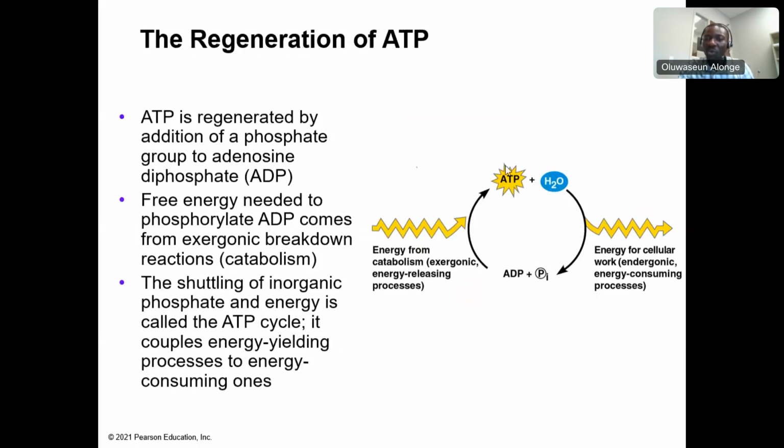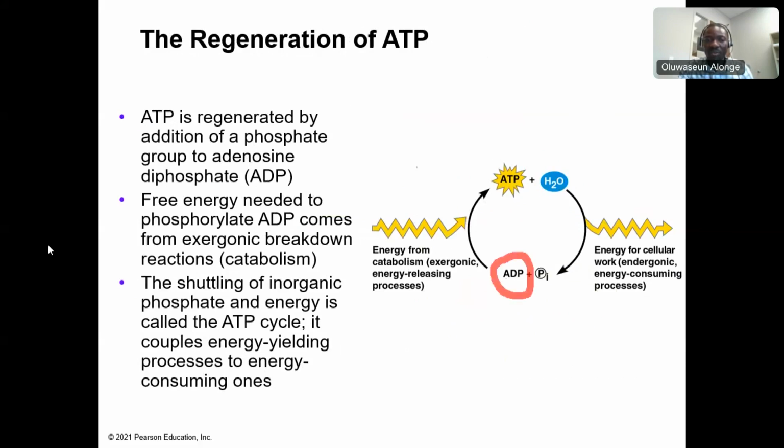Now, how will ATP be regenerated? I told you that when ATP loses one of its phosphates to the environment or to power a reaction, what remains is ADP, which will be in the system.